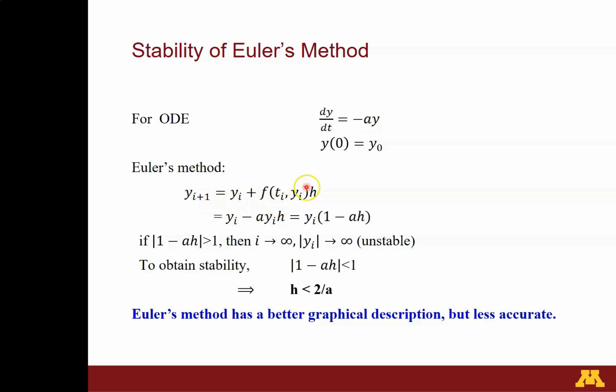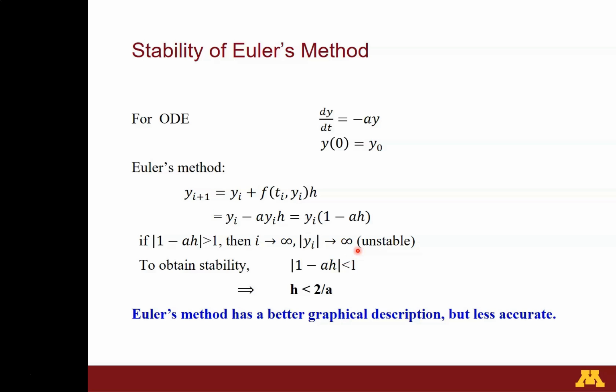So the Euler method for this ODE is here, right? We just plug in the slope, minus a yi, times h, then it equals this. If the absolute value of this term is larger than 1, with iteration, we finally get yi plus 1 higher and higher, and it will be infinite.